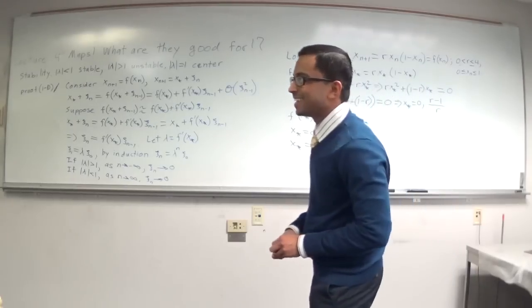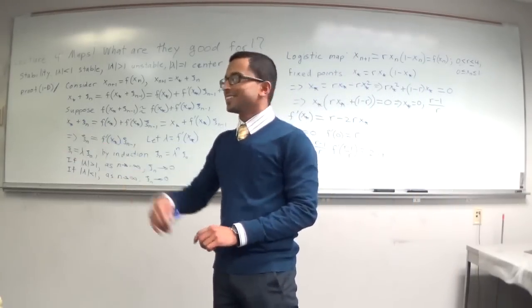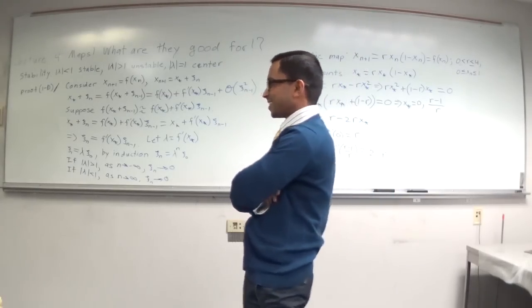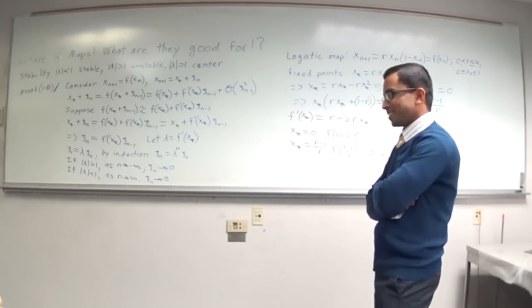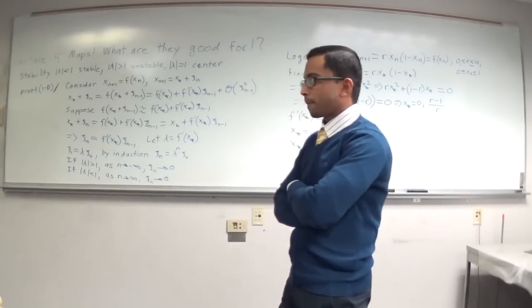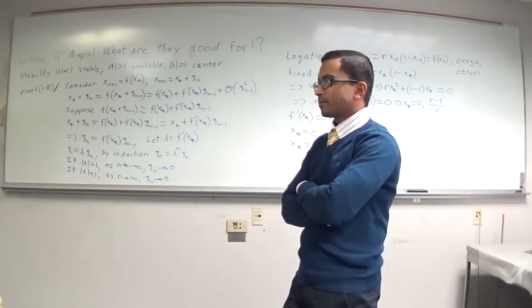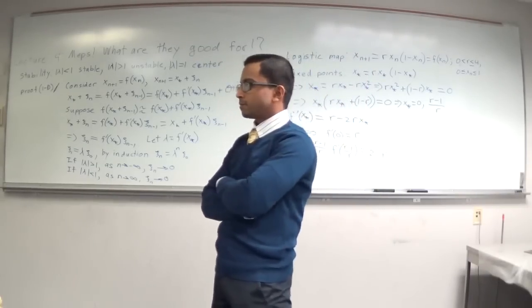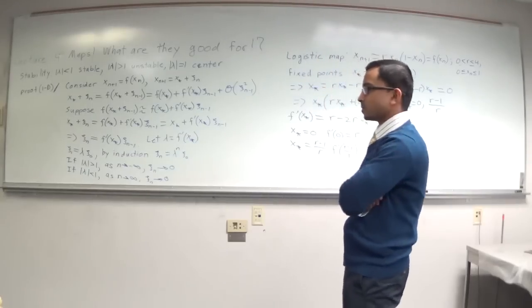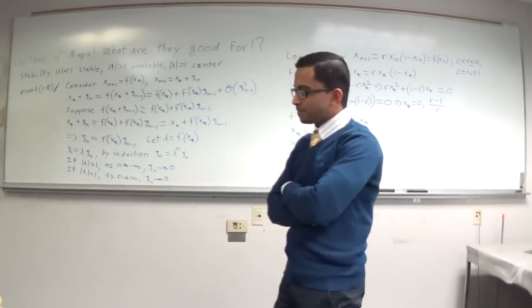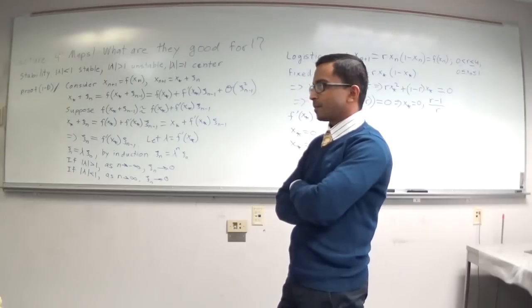Well, certainly if you look at the function, it is going to be negative if x is less than 0 or greater than 1. That's why you want to confine your attention to the unit interval. Now for r less than 4, if this map is going to map the unit interval into itself, you have to look at the maximum value taken on by that function in the unit interval.